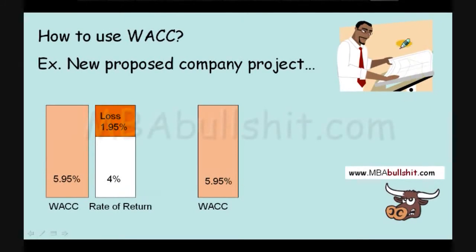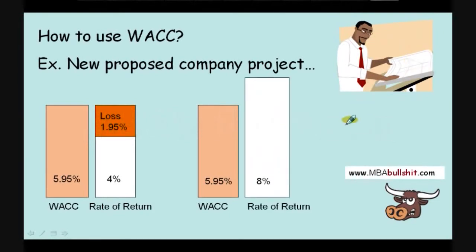However, if you estimate or predict that your project will earn a rate of return of 8%, should you do this project or not? And the answer is yes. Why?